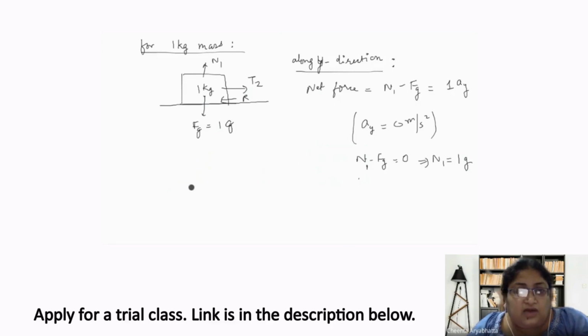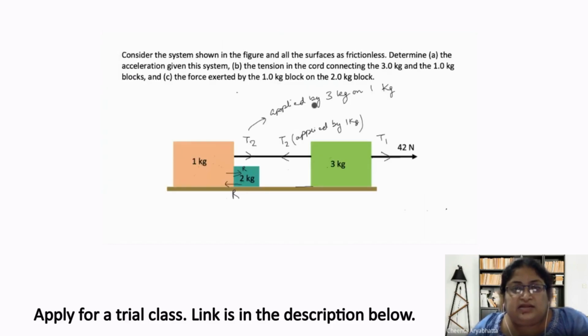Now along the x direction, what are the forces? T2 is acting in the positive x direction, and this reaction force R is acting along the negative x direction. So I will subtract them because they are in opposite directions. So T2 minus R is making it move with some acceleration a. Let's say a is the acceleration of the whole system.